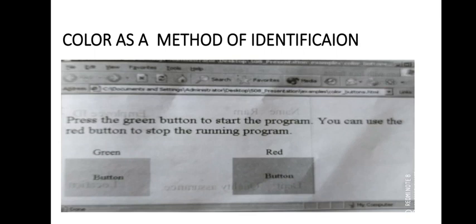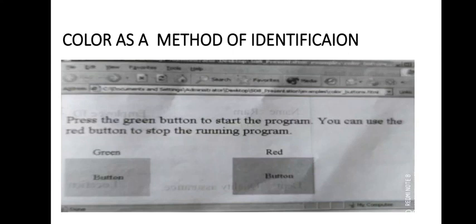So hence products using color text, color pictures, color screens should not use color as the sole method of identification. You can take the example of this picture, where there are two colors, green and red, used as a method of identification. Maybe this is very useful for some people but not for others. So we have to consider it also.